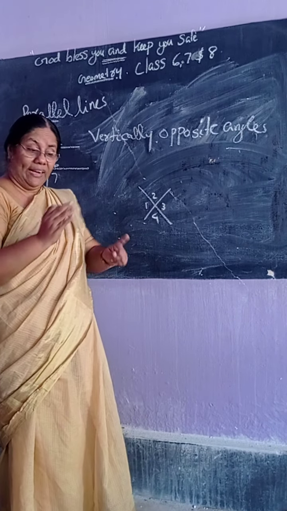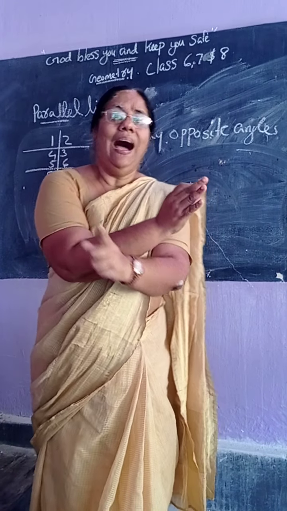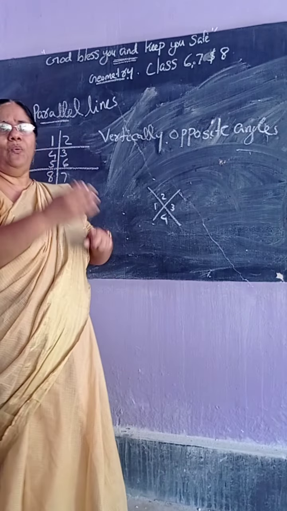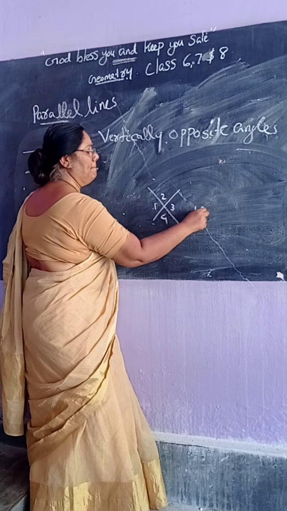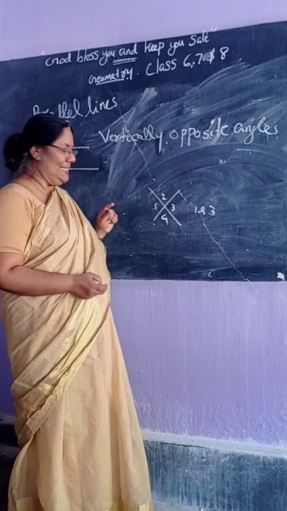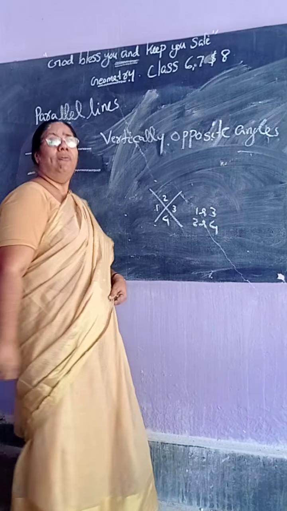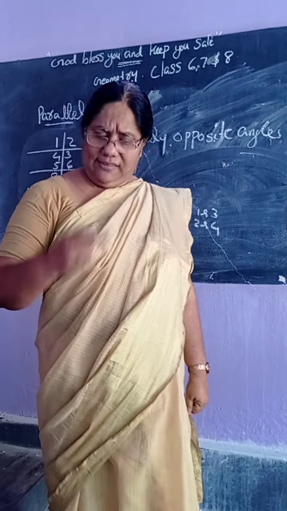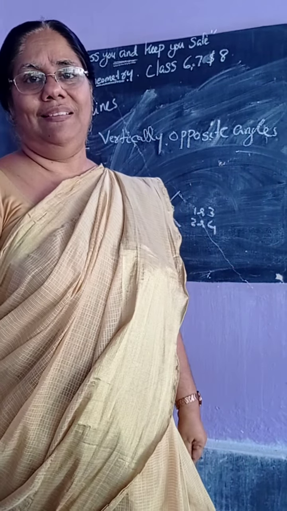What is the meaning of vertically opposite angles? Just opposite to one angle. Therefore, 1 and 3 are known as vertically opposite angles, and 2 and 4 are also known as vertically opposite angles.